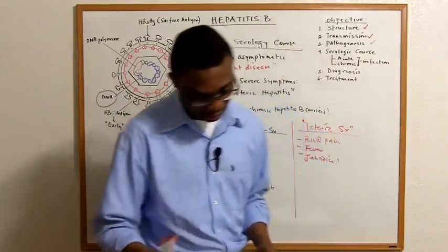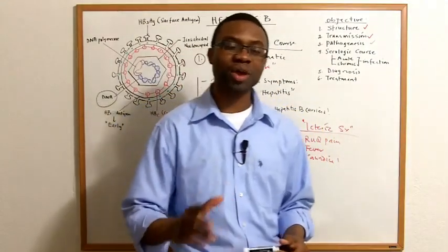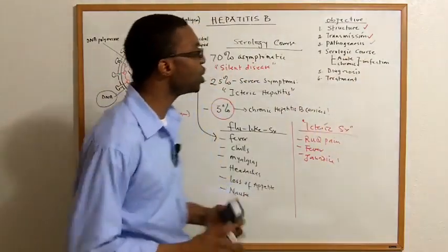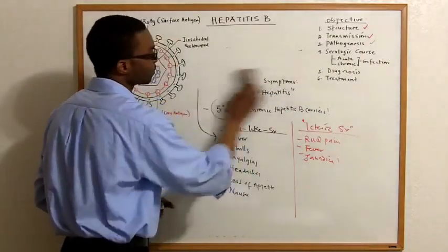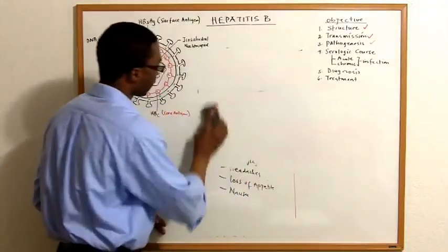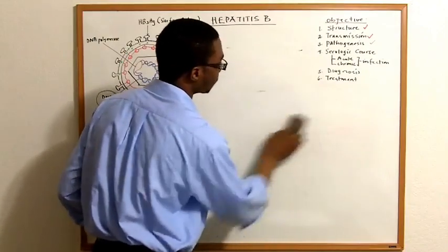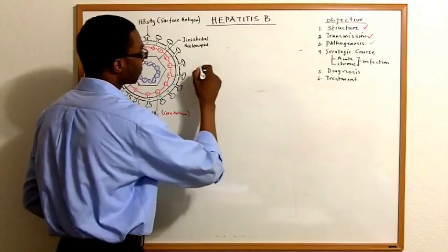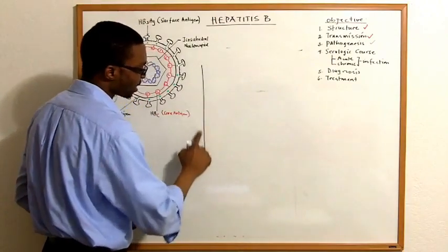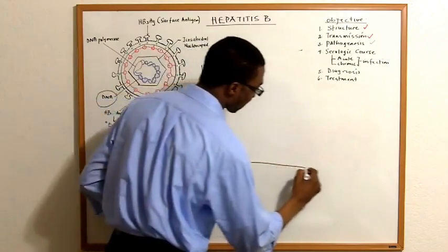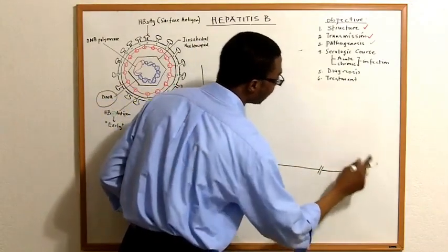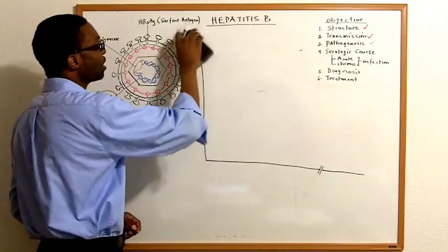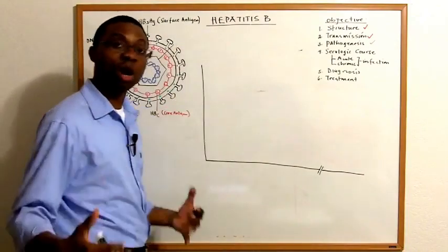All right? So now we need to draw out a graphical representation of the serologic course of an acute hepatitis B infection, using a graph. This graph I'm drawing out represents an acute hepatitis B infection that a patient actually recovered from.